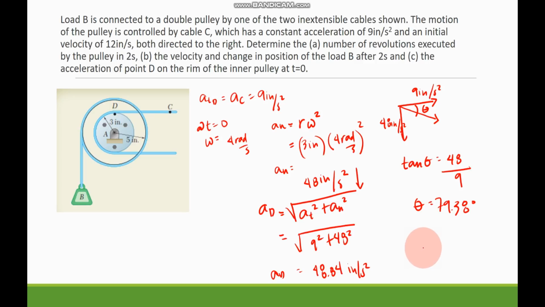Therefore, the acceleration of point D on the rim of the inner pulley at t equal to 0 seconds is 48.84 inches per second squared, directed 79.38 degrees with the horizontal. So this is how you should express your final answer.